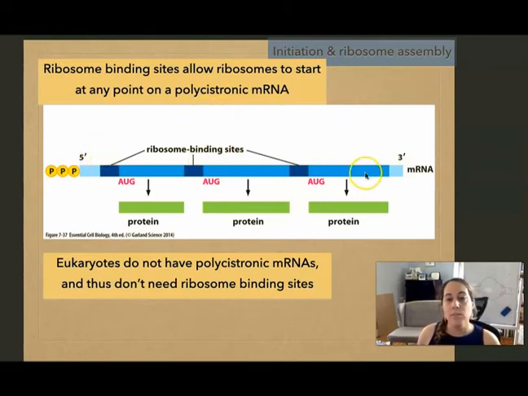Now, this particular mRNA reflects something that we talked about yesterday, which is the fact that prokaryotes can have these polycistronic mRNAs, which means that they contain multiple genes in a single piece of mRNA. And that is because these genes all have some functional relationship. They're all part of the same metabolic process or something.